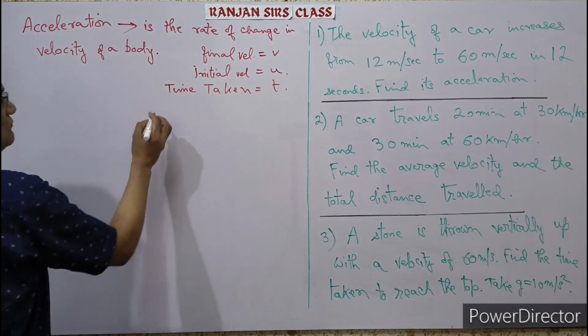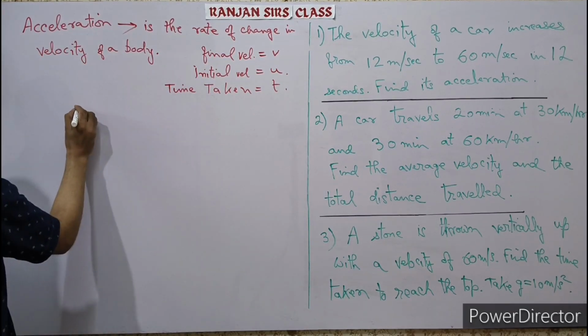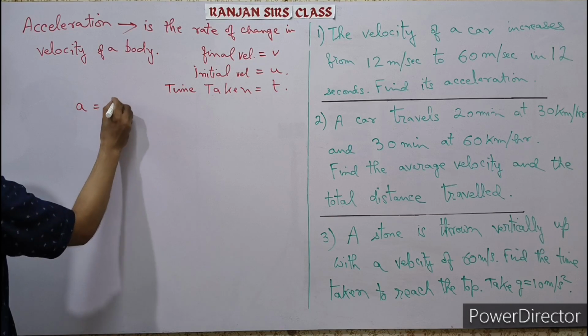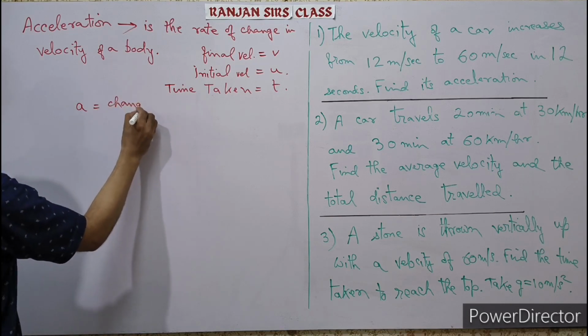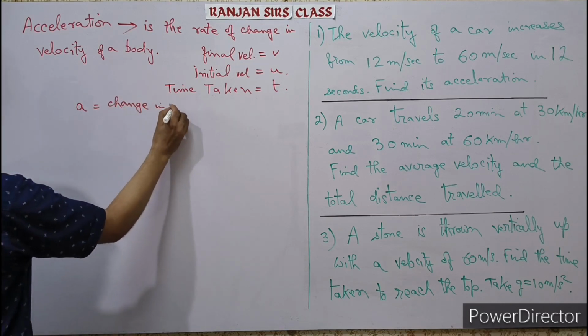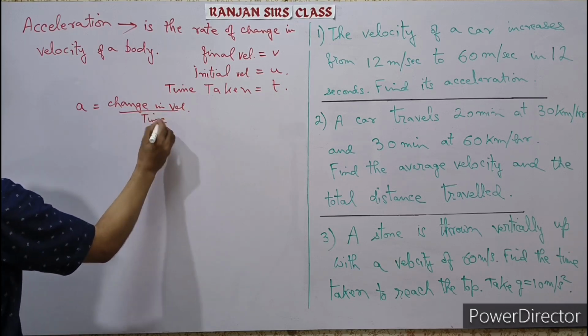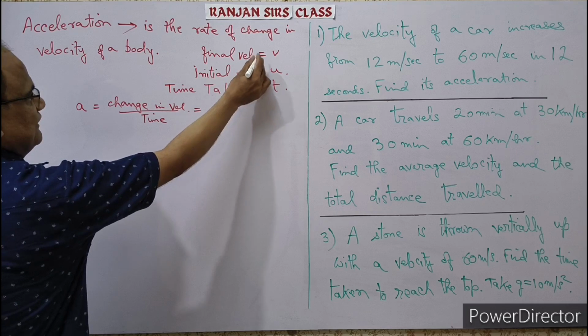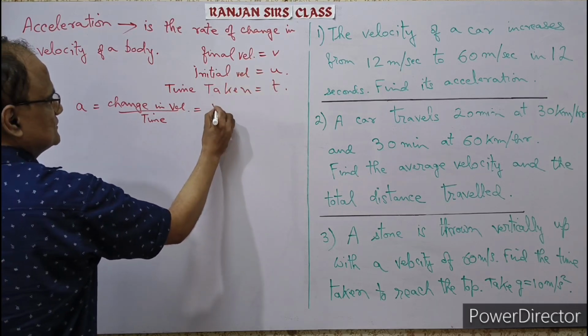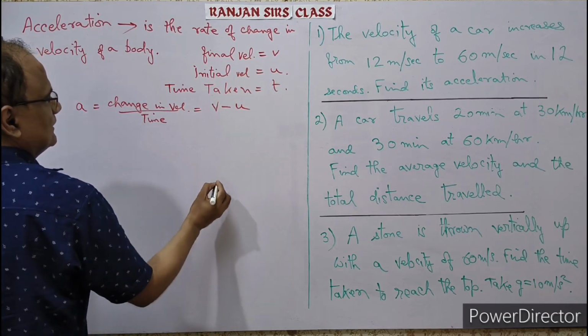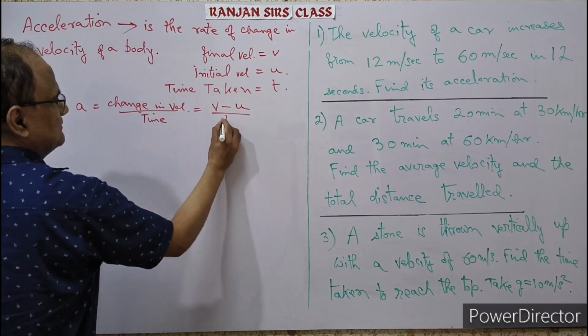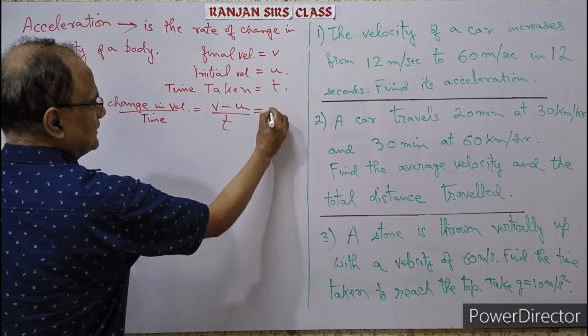Then what is the change in velocity? First we will write down acceleration a is equal to change in velocity divided by time. So that will give us final velocity minus the initial velocity, divided by time, is equal to the acceleration a.